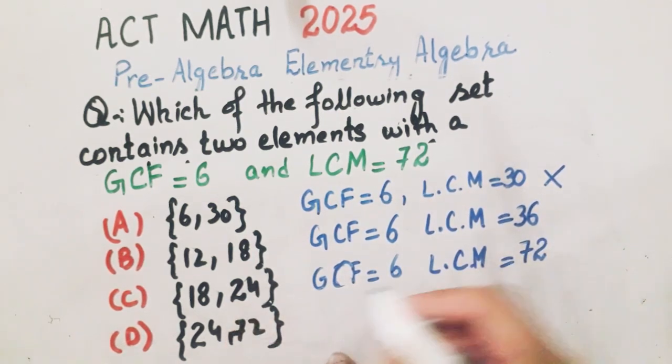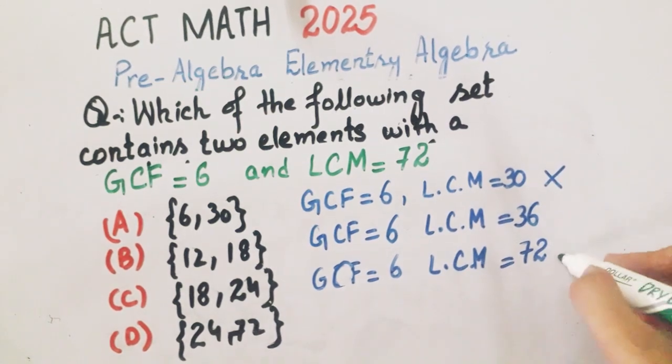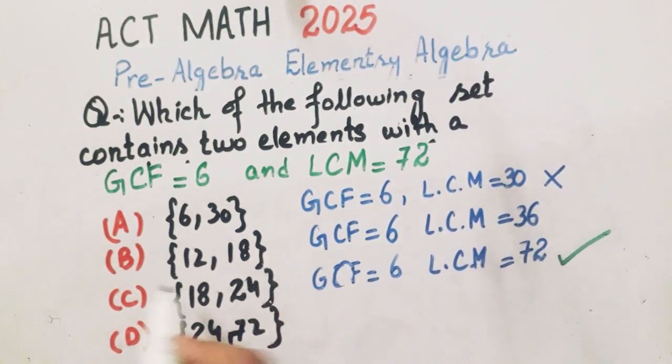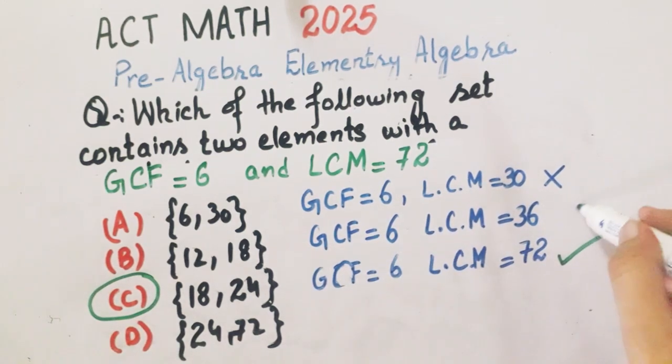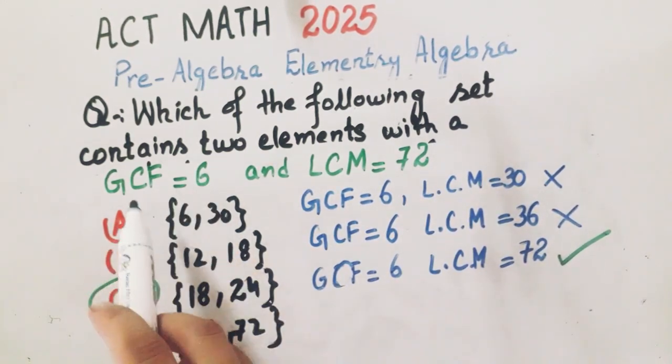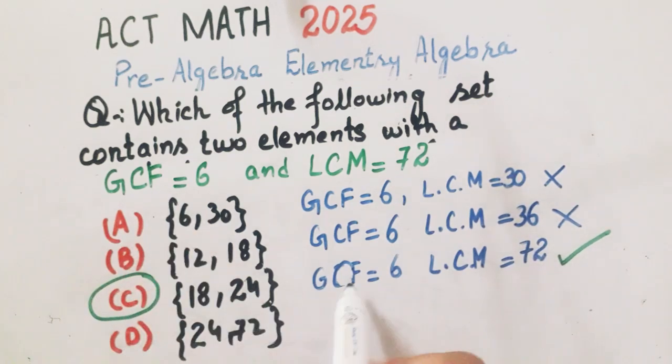So this option is correct. We will mark this. This is the correct answer, according to the given condition that the greatest common factor is 6 and the least common multiple is 72.